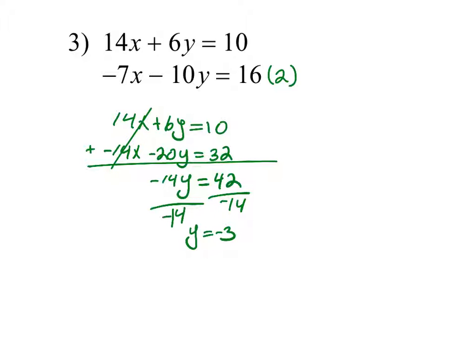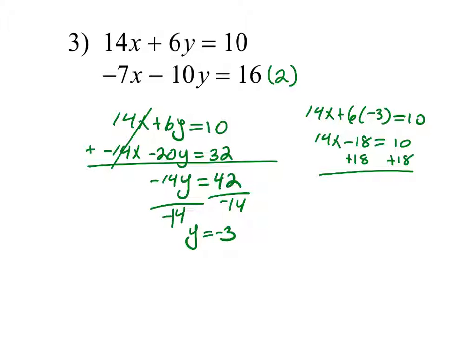Okay, so 14x plus 6 times negative 3 equals 10. So 14x minus 18 equals 10, plus 18. So 14x equals 28, divided by 14, x equals 2.